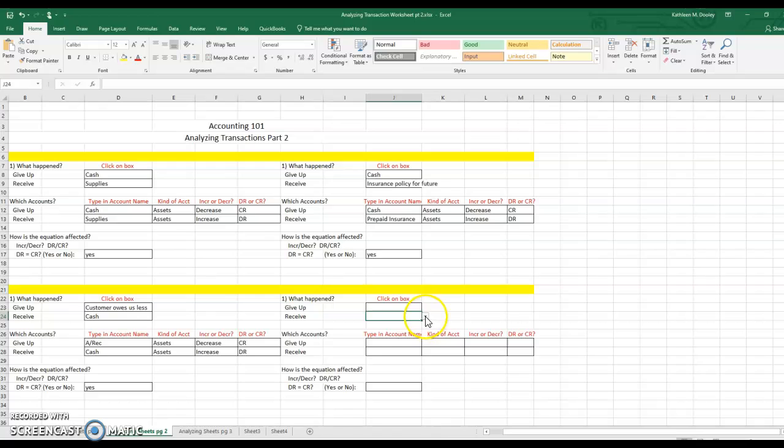What are we receiving? We're receiving equipment, and whenever you have a three-parter, you're going to have to use the amount. So that'll be $1,500. Now, what did we give up? We gave up two things: cash, and we also gave out that we owe out to vendor.